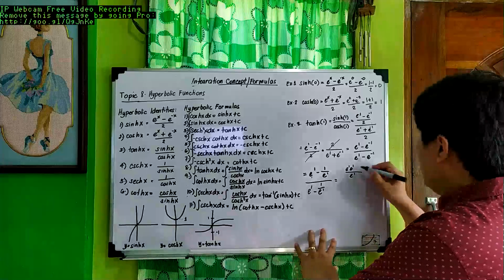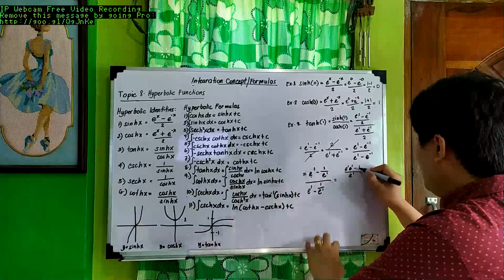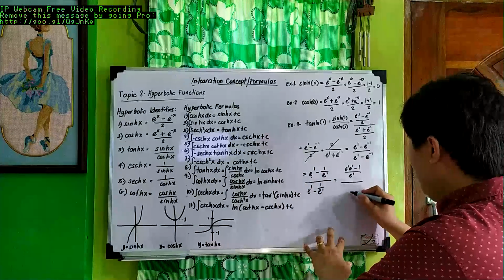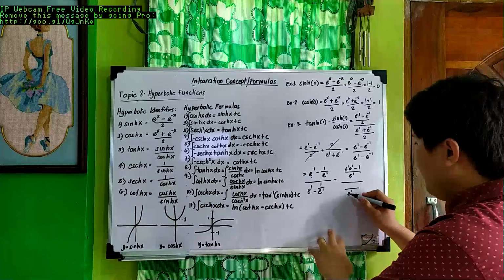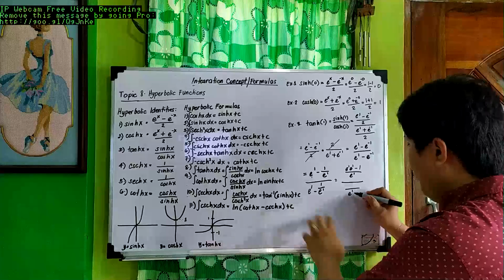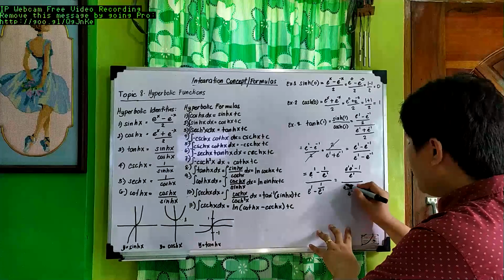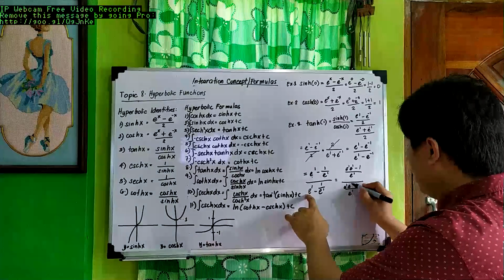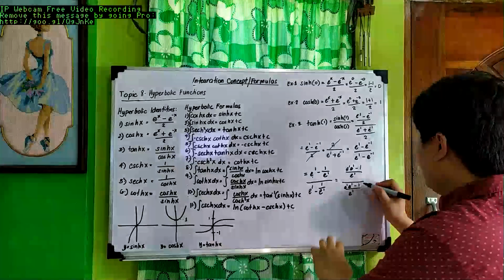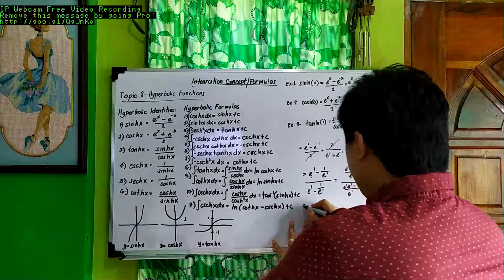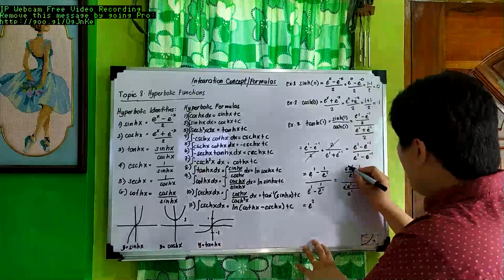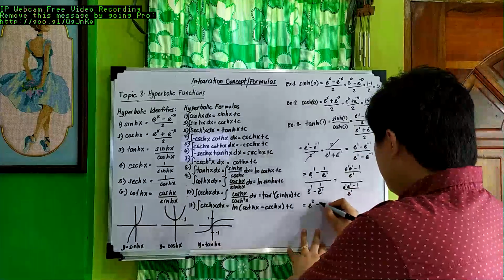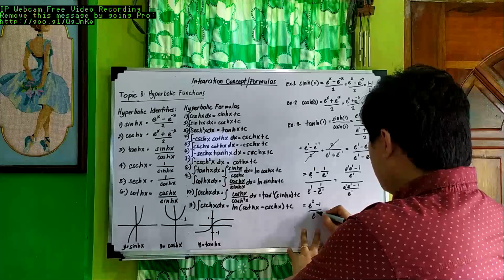Okay? So minus 1, all over the LCD, is still e raised to the power of 1 divided by 1. So you have e raised to the power of 1 times this one minus 1. So we could have e raised to the power of 2, because the power 1 plus 1 is 2, minus 1 over e raised to the power of 1.